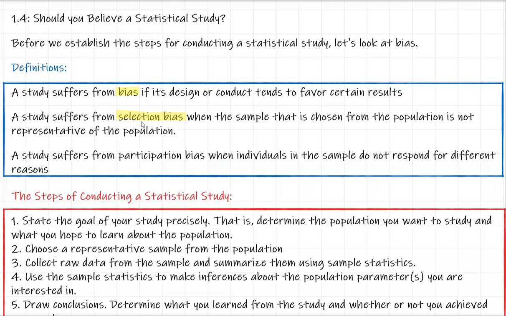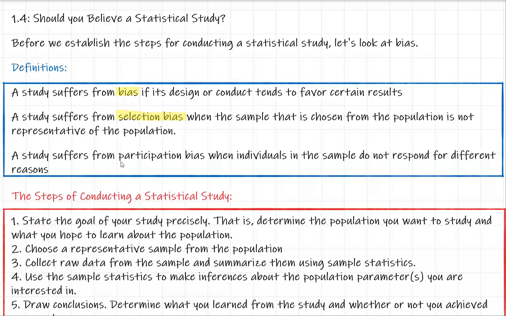Maybe the proportion of the sexes is 70% female, 30% male. That would be one way that it suffers from selection bias. There are lots of different ways. It just comes down to the sample not being representative of the population.